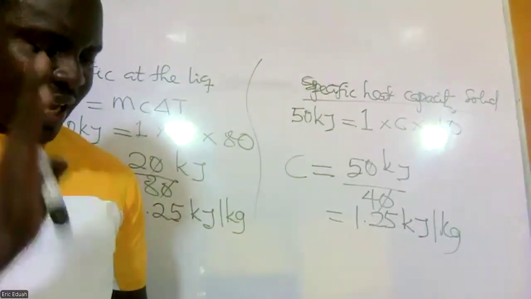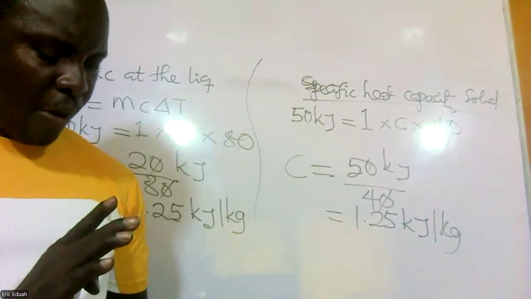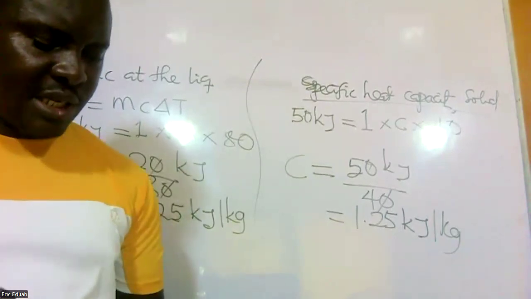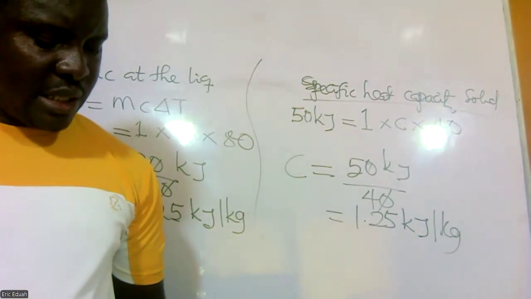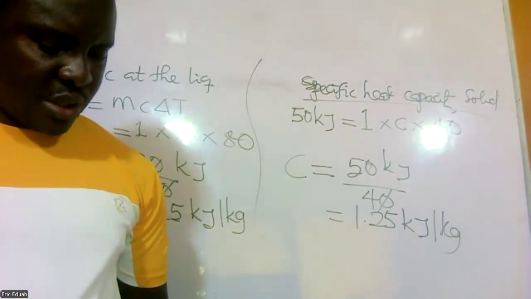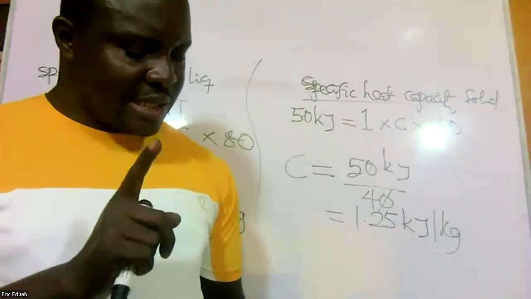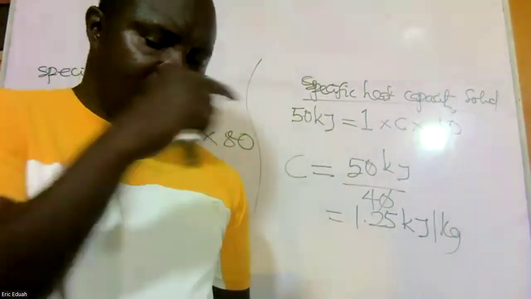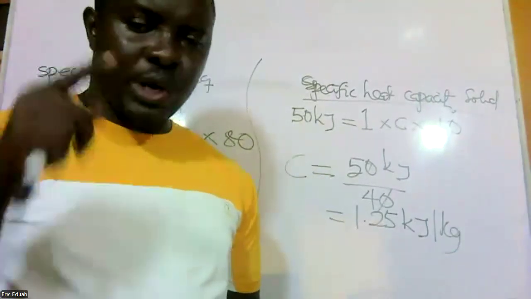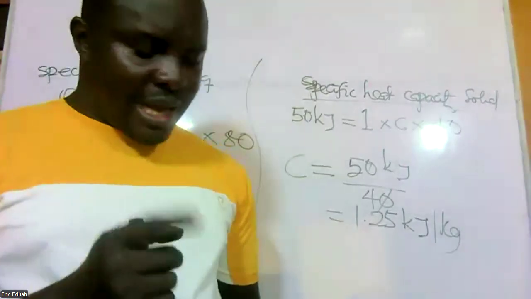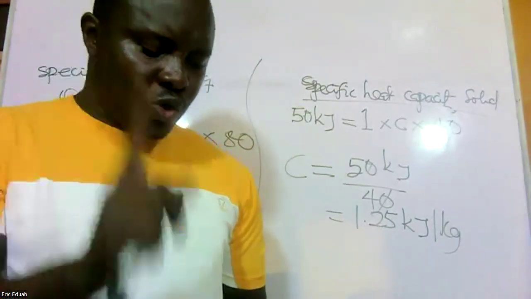It's a cooling curve for 10 kilogram of a substance as it cools from vapor at 160 degrees Celsius to a solid at 20 degrees Celsius.